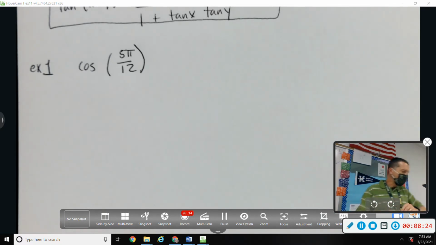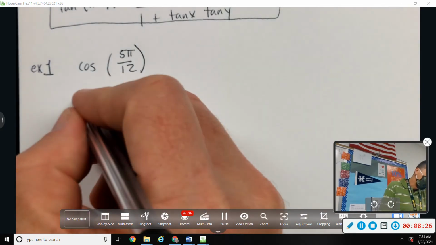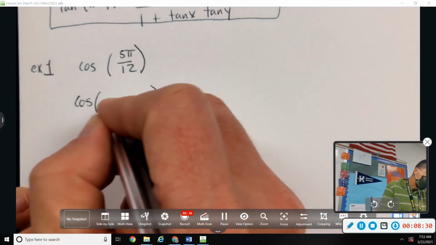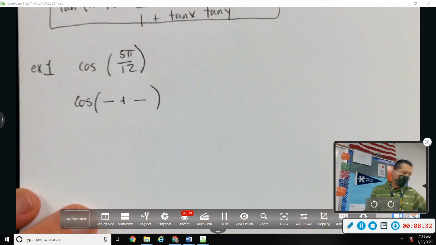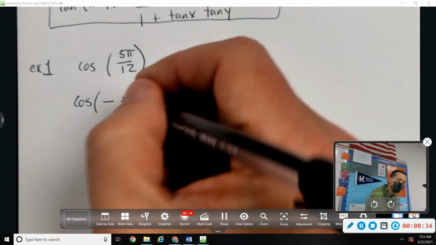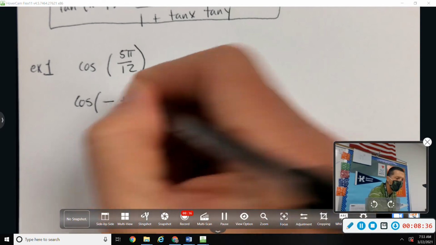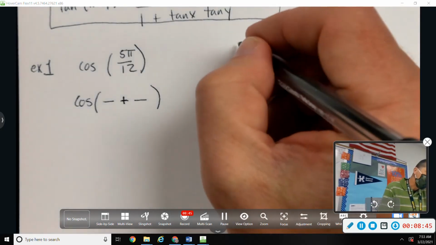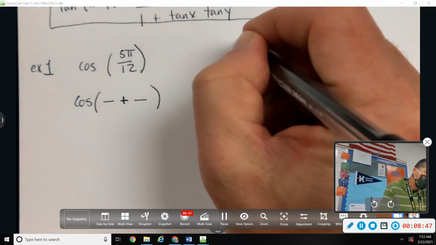So we'd really like to break this down or rewrite 5 over 12 as the sum of 2 things that we know, sum of something over 4 or 3 or 6. So here's another thing that you probably want to box until you get used to it.